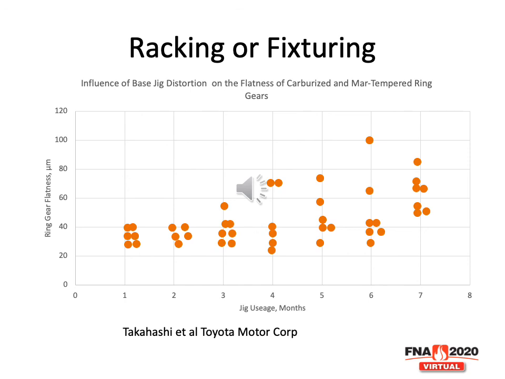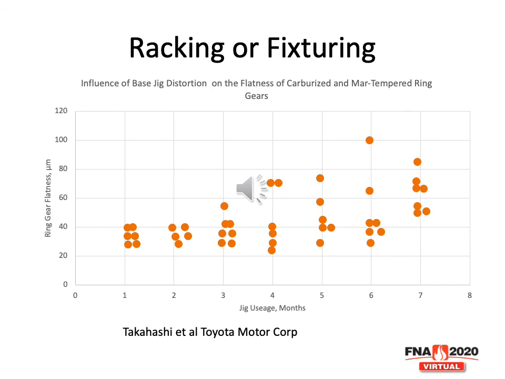In a study done by Takahashi and Toyota, the distortion increases. The distortion, measured by flatness of a carburized and martempered gear, will change as a function of the flatness of my base jig or my base grid.